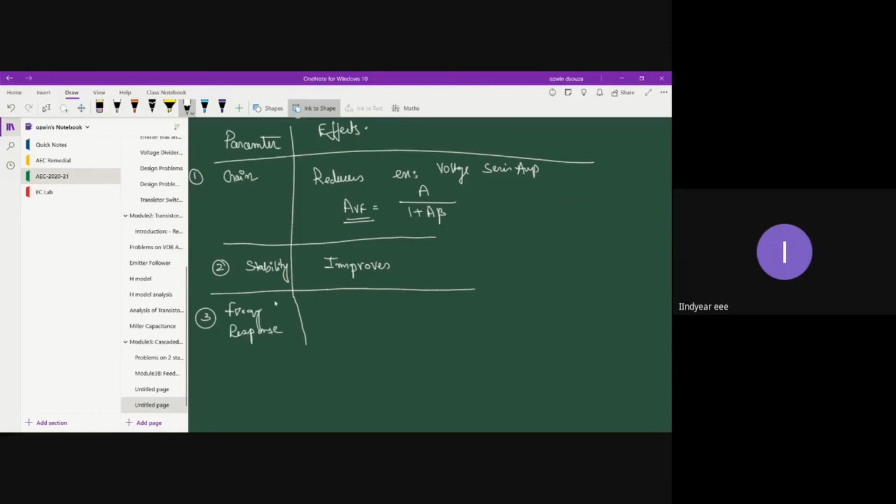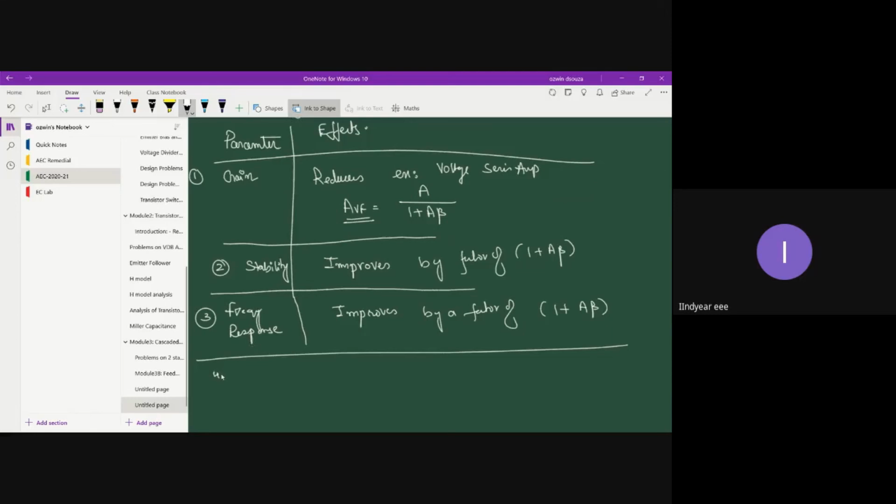Frequency response again improves by a factor of 1 plus A into beta.